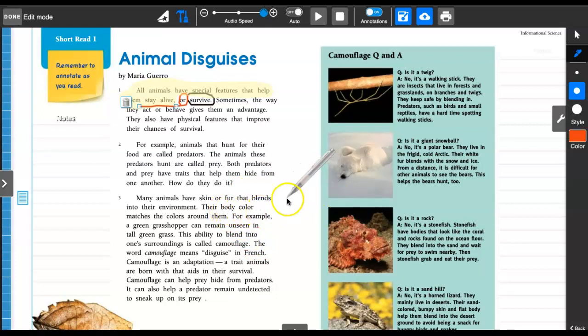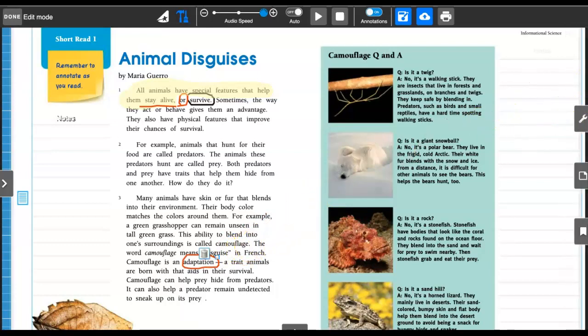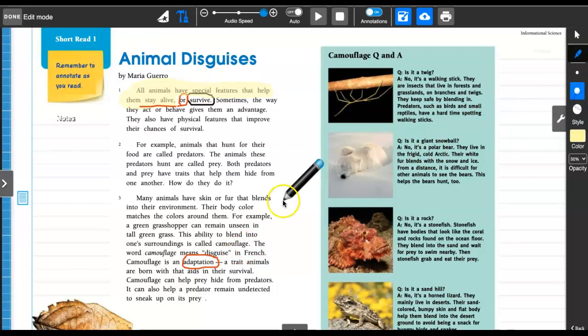If I ask you to look up the word adaptations and tell me what it means, you would go into the text and you would circle the word. And just like we did with survive, we would look to see if there's any magic words in the sentence. So I'm going to go and highlight before and after the word adaptation.